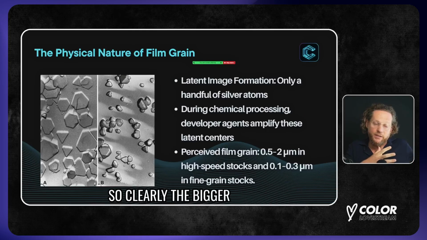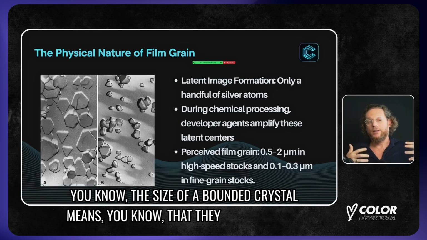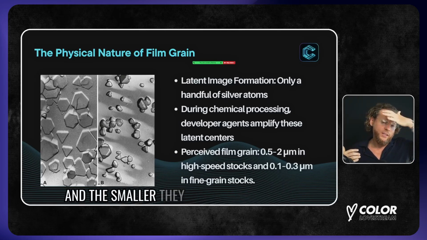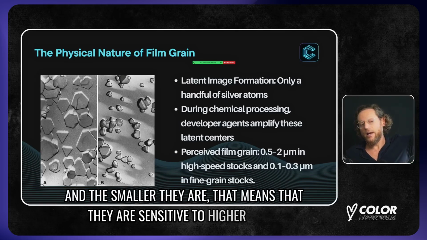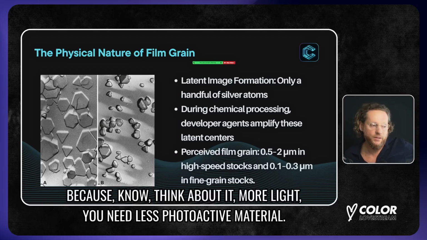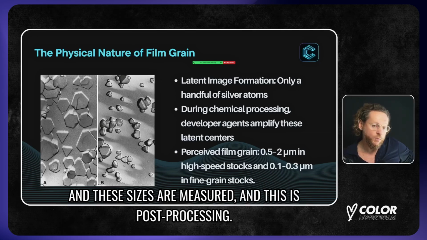Clearly, the bigger the crystals, the more sensitive they are to lower light, and the smaller they are, the more they suit higher light, because, think about it, with more light, you need less photoactive material. And these sizes are measured post-processing.